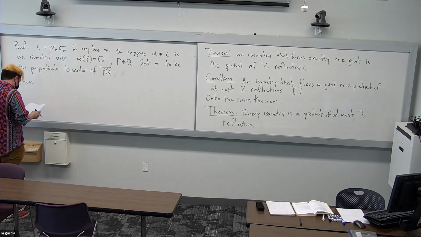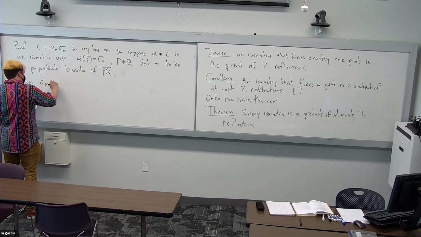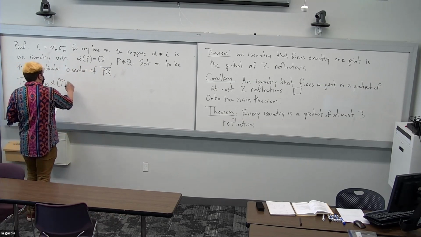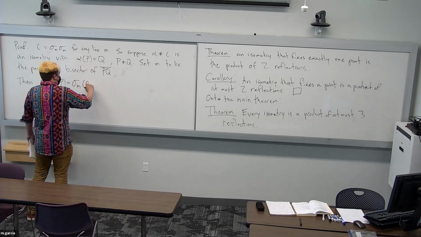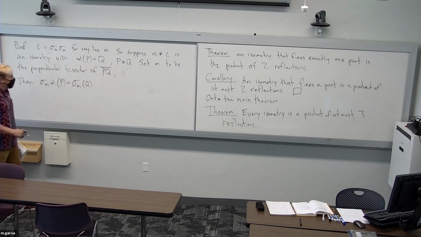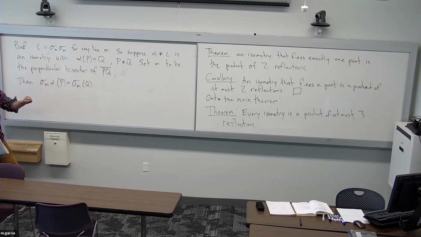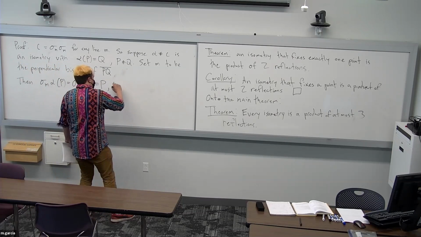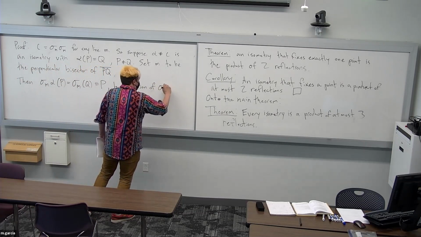Then what we have is sigma sub m of alpha of p is equal to sigma sub m of q, right? And by our choice of m, the definition of sigma m gives us p back for this. By definition of sigma m.